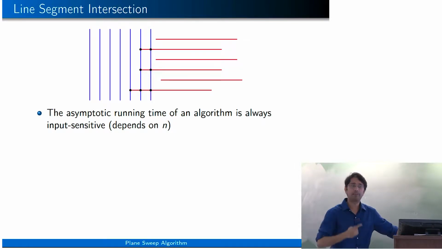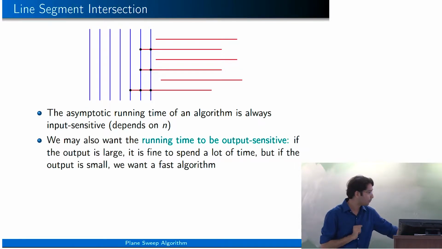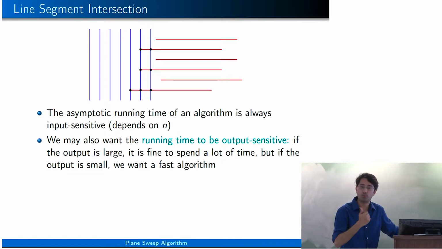Now I modify my question a little bit and ask you, is it possible to devise an algorithm whose running time will not only depend on the input size, but also will be a function of input as well as output size?